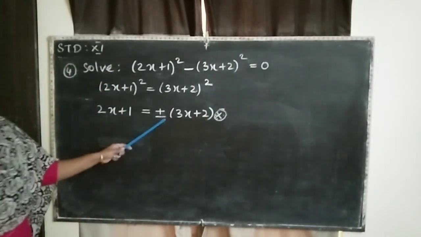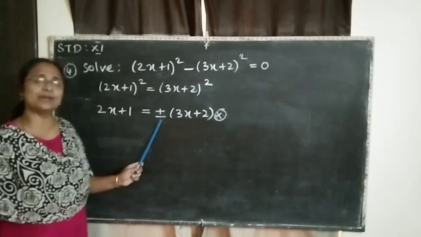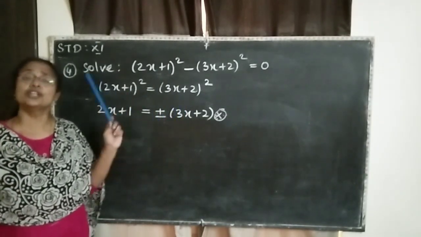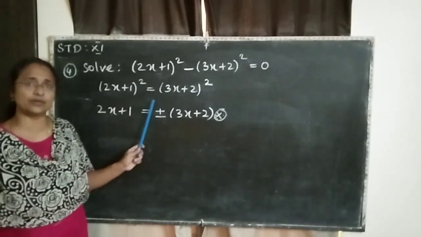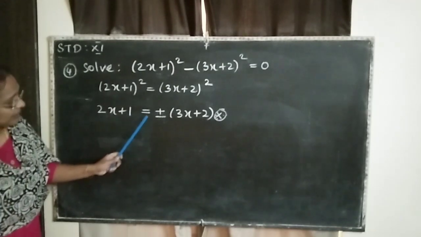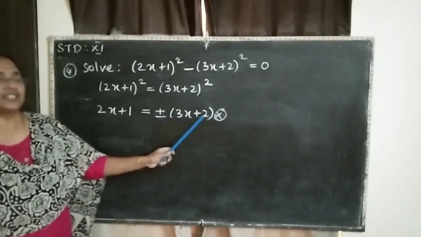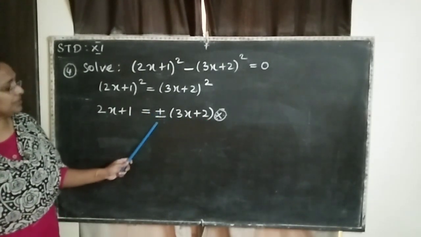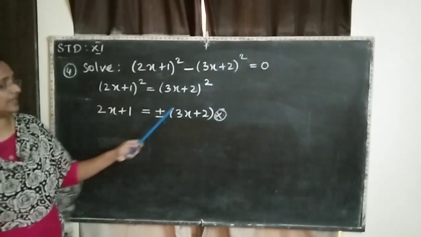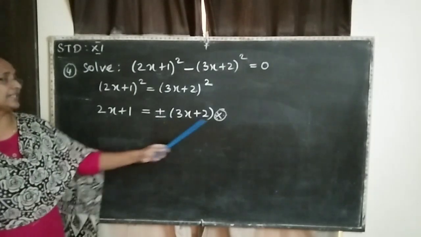Why do we write plus or minus? Because it is a quadratic expression and we will definitely have two roots or two zeros. Now 2x plus 1 is equal to plus or minus (3x plus 2). I am going to take one value of plus (3x plus 2) for the calculation and one more minus (3x plus 2).